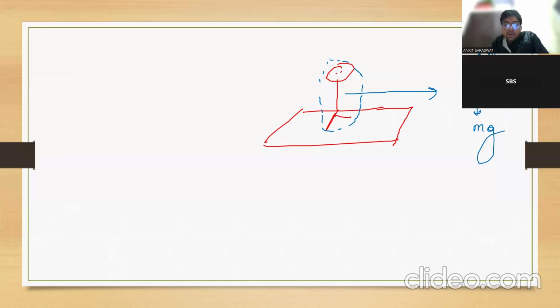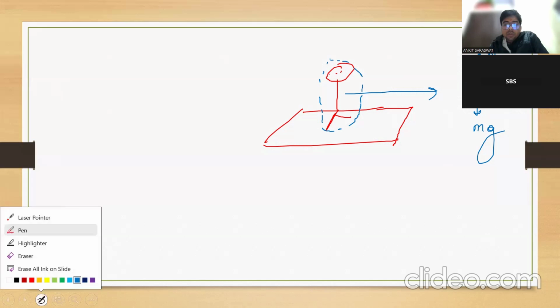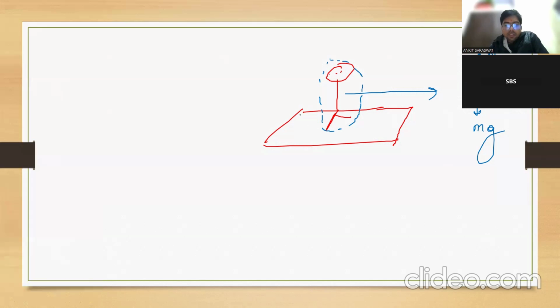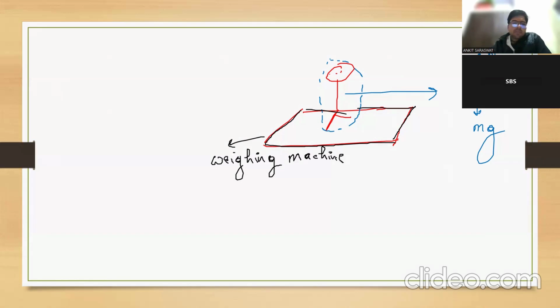But this person is also applying force on the weighing machine. If I draw the free body diagram of this weighing machine, this is the weighing machine. Clear? Now, if I draw the free body diagram of this weighing machine, I'm saying the mass of the weighing machine is less.